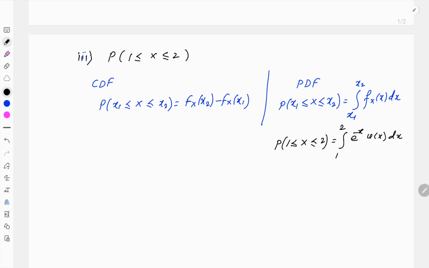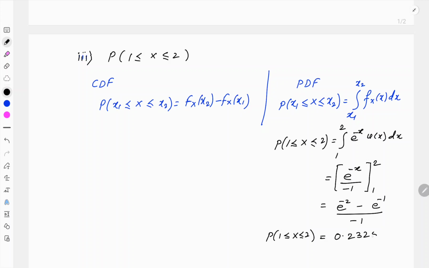So simply the integration will be e raised to minus x upon minus 1 with the limits 1 to 2. So we get the answer as e raised to minus 2 minus e raised to minus 1 upon minus 1. And if we simplify it further, we get the answer as 0.2325. This is the required answer for the third part.